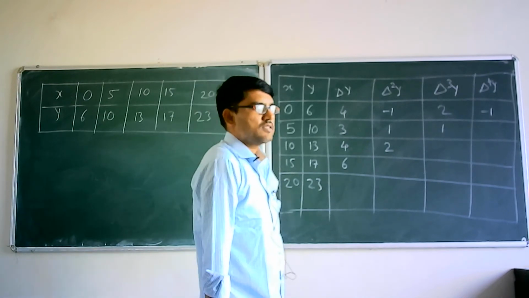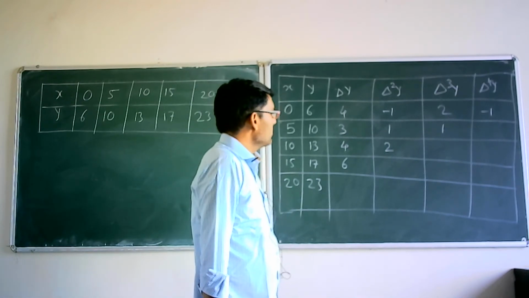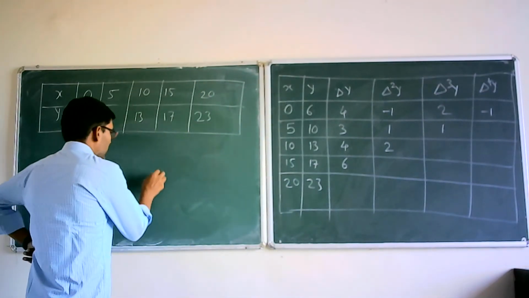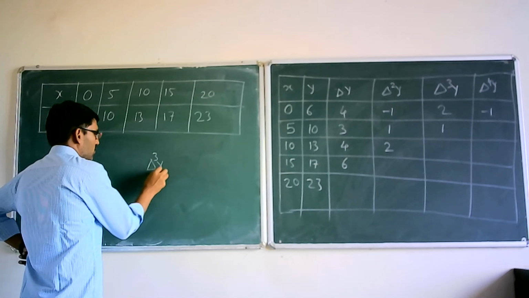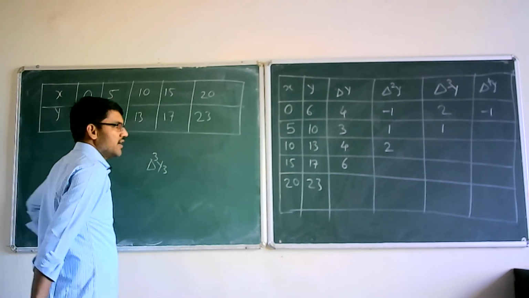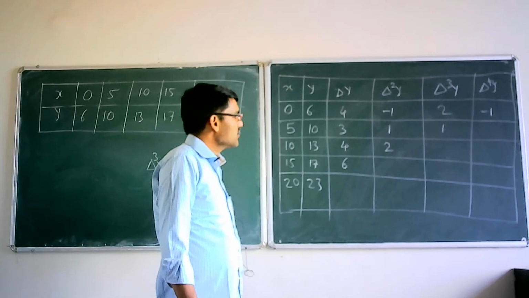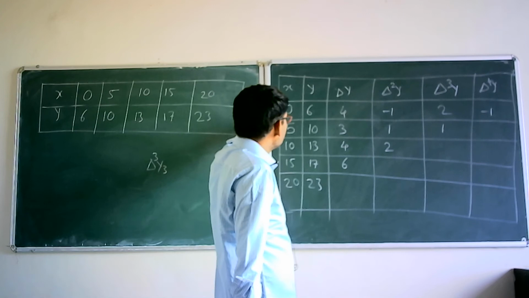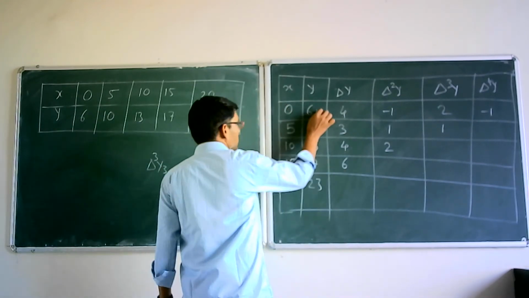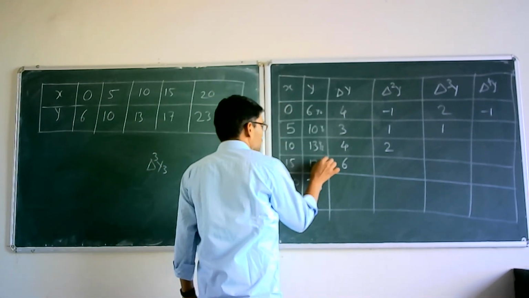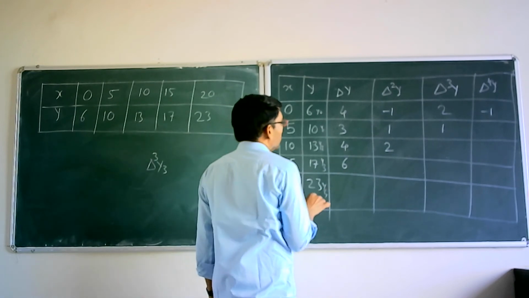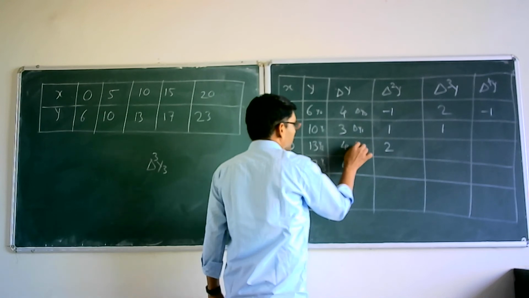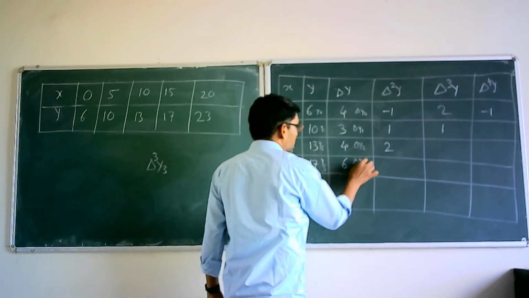This is a forward difference table. From this table, suppose you want to determine the value of delta cube y3. Suppose these values are y0, y1, y2, y3, y4. Then this is delta y0, delta y1, delta y2, delta y3.